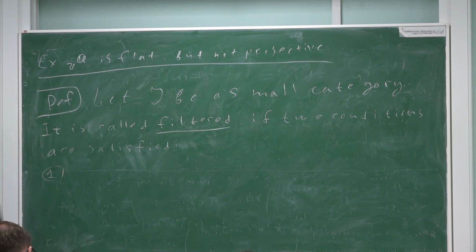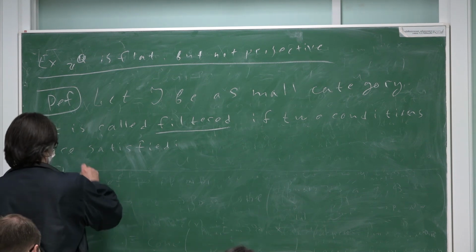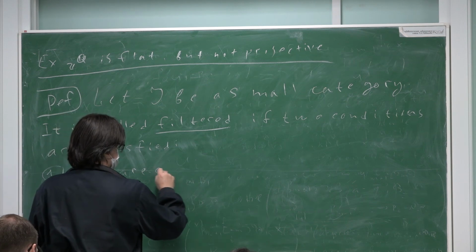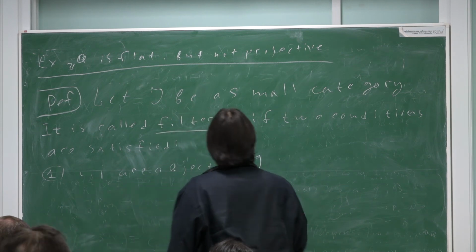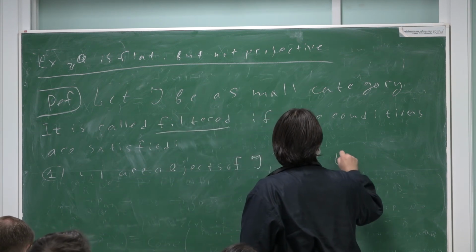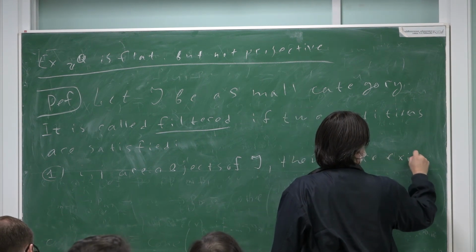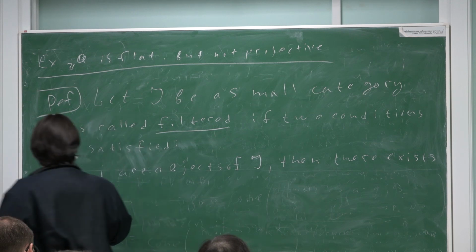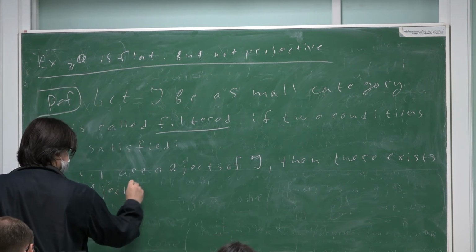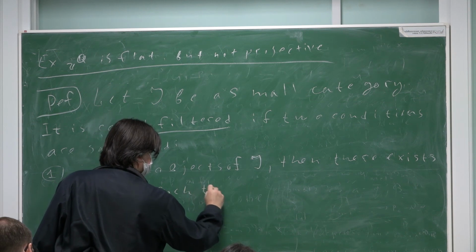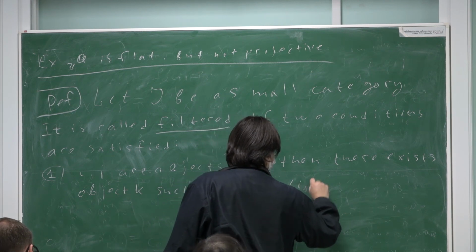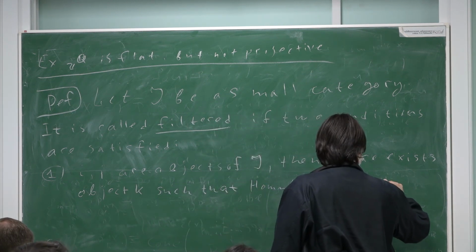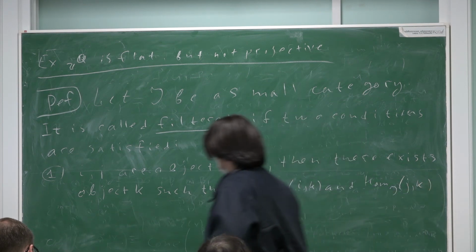First one: if we have two objects I and J in the category J, then there exists a third object K such that Hom_J(I,K) and Hom_J(J,K) are not empty.